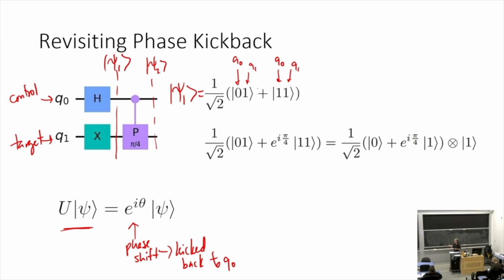Notice the two states aren't entangled. Our control qubit and our target qubit, we can express it like I just did, or we can pull the target qubit state out and express it as a tensor product. So they're not entangled. And that's why this ancilla qubit thing works.